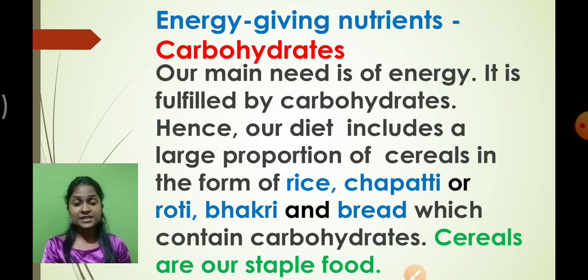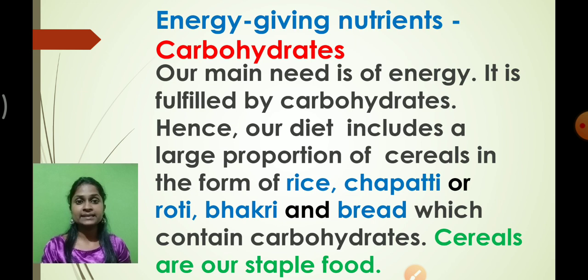That's why you must have noticed that in our diet, rice and chapati quantity is more as compared to sabzi and dal. Because our body requires maximum energy, and maximum energy we get from carbohydrate, in our diet rice, chapati, roti and bread should be in more quantity.